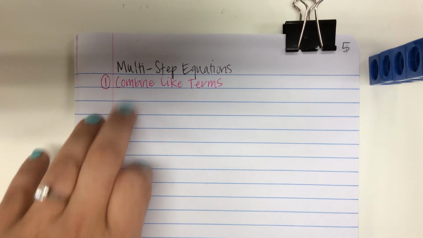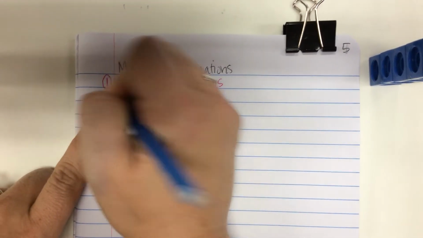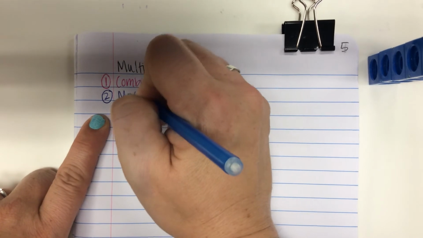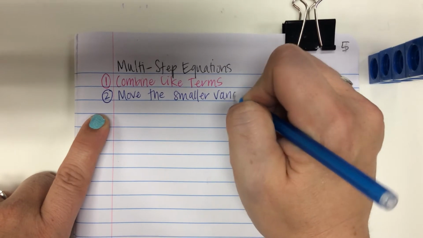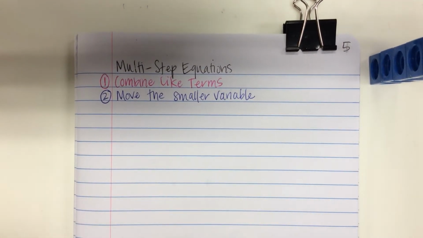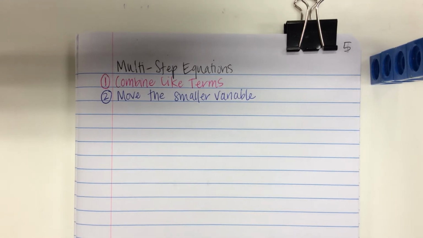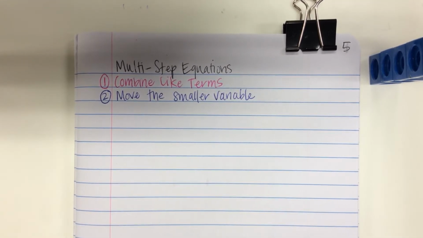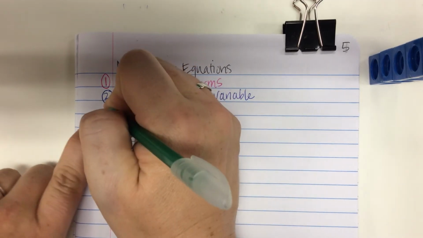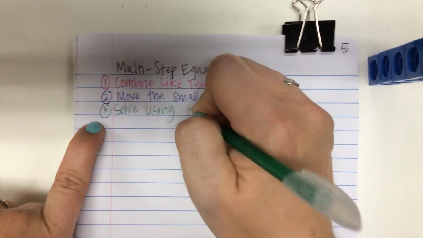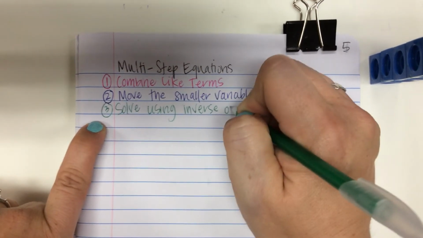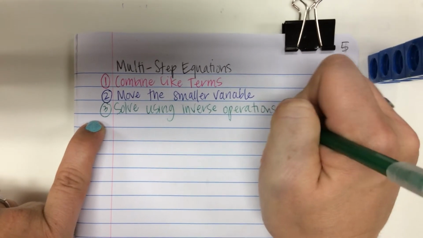After you combine like terms, step number 2 is to move the smaller variable. You move the smaller variable. And then the third and final step is to solve using inverse operations.